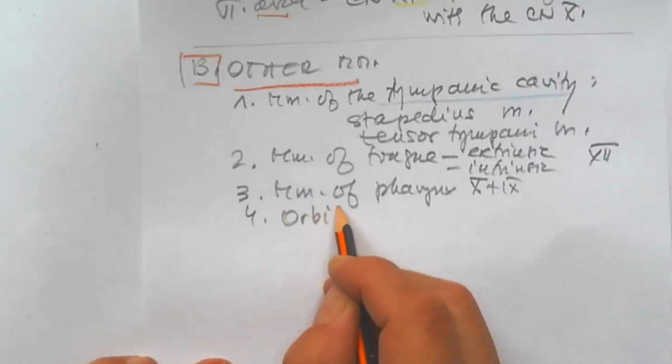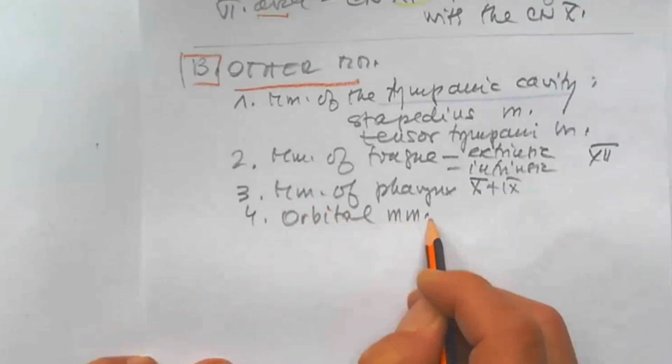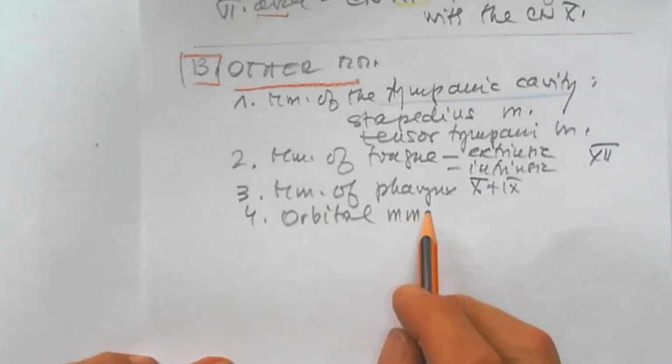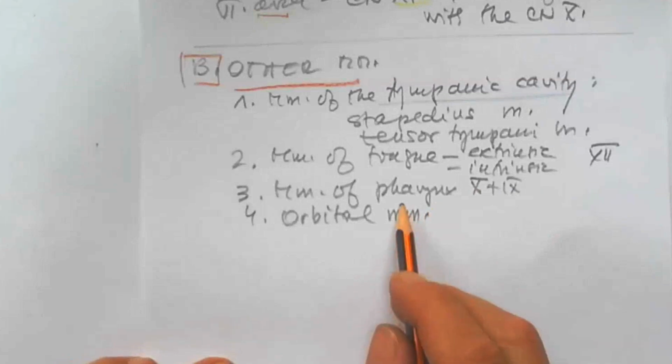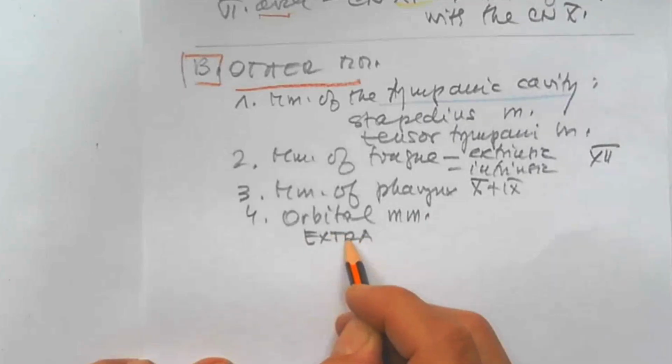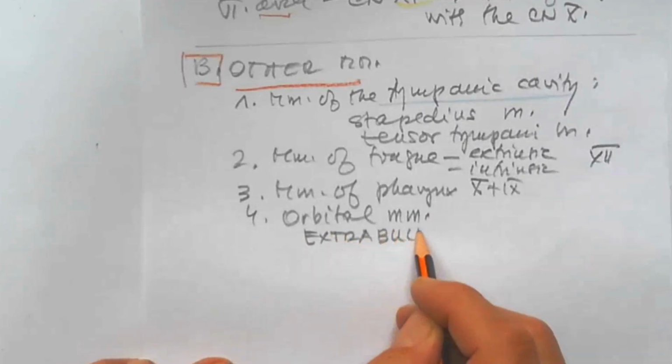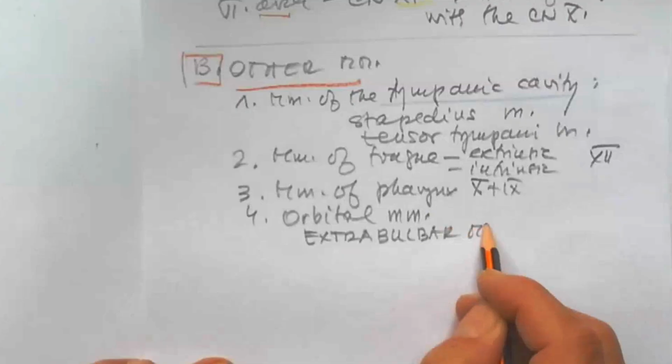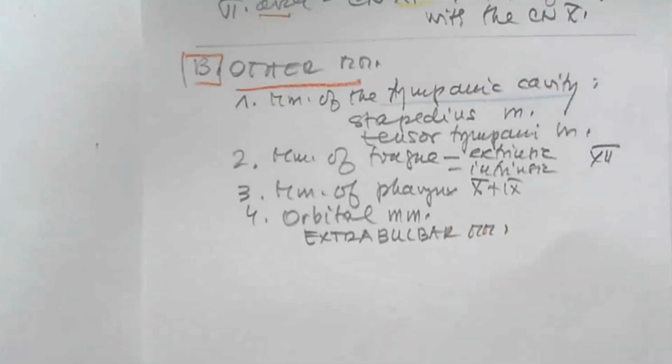We could say orbital muscles, and these muscles have 2 categories. They are the muscles called extrabulbar, extraocular, or extrabulbar. Extrabulbar muscles are 6 in number.